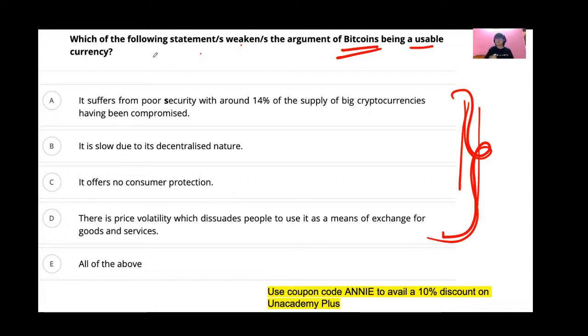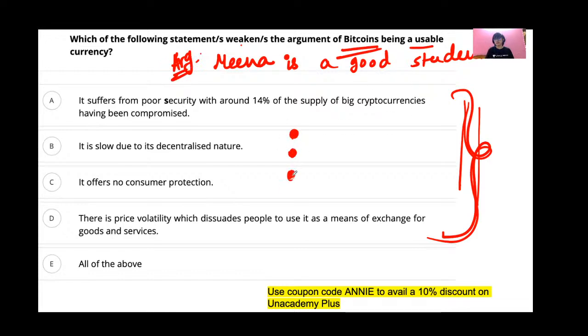Suppose I say Meena is a good student. This is my argument. Now there are a few points which I know about Meena.